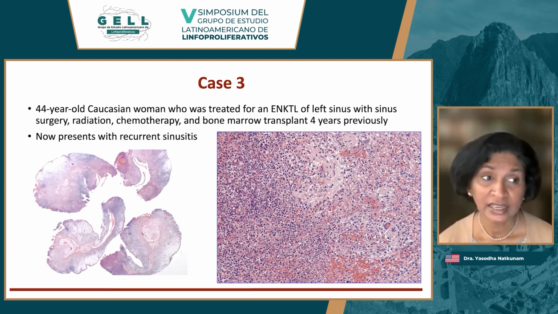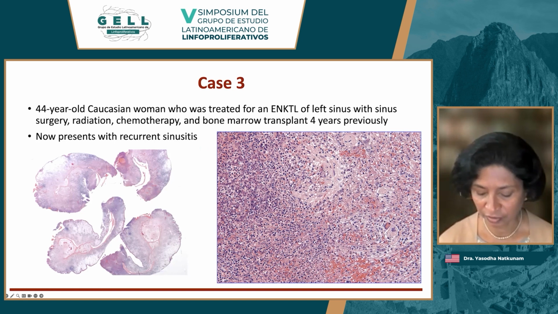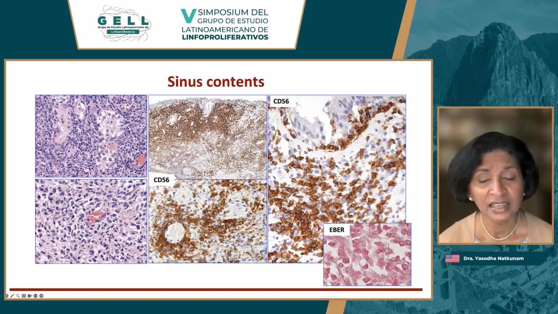So to move on to case 3, this is a 44-year-old, also Caucasian woman who was previously treated for extranodal NK/T-cell lymphoma and now presents with chronic sinusitis again, and fragments of tissue were removed. And again, you see a very necrotic and inflammatory process. This tissue was much more difficult.